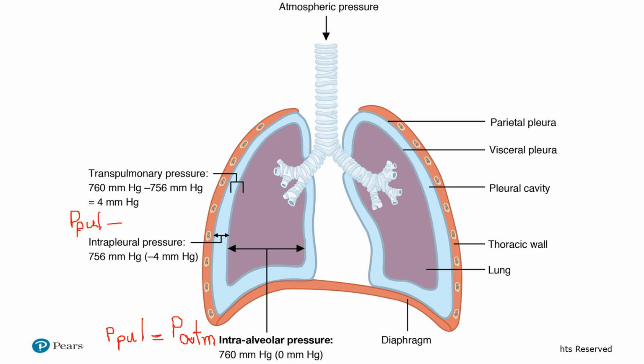When I subtract the intrapleural pressure, it is written as a big P, then IP for intrapleural, and here small ip. So when I subtract intrapleural pressure from the intra-alveolar pressure, I get transpulmonary pressure. So we are subtracting 756 from 760, and we get 4 millimeters of mercury. This is the transpulmonary pressure.